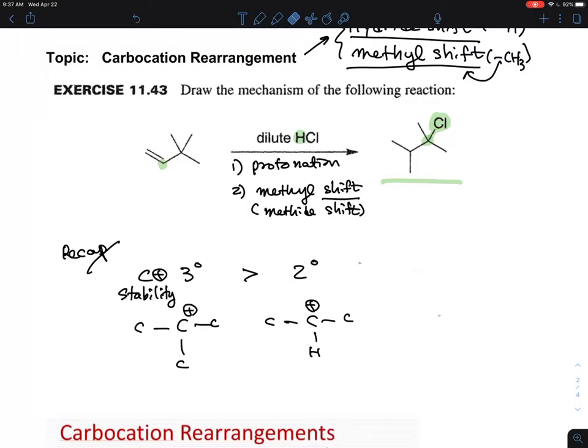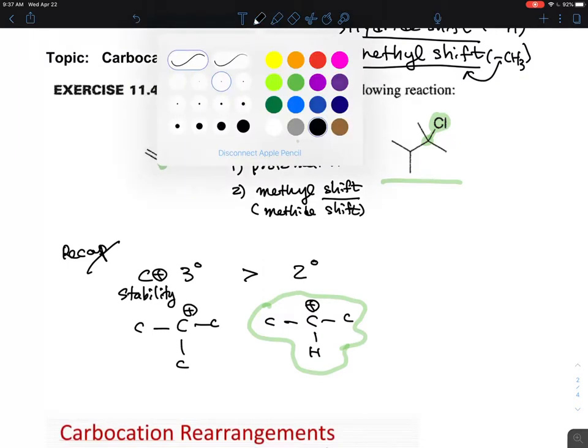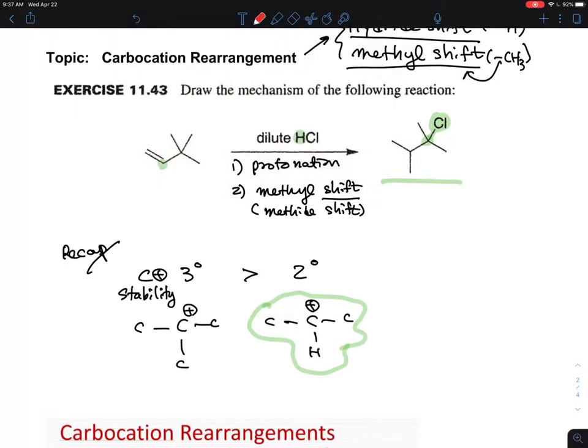So now let me focus on this problem. In some cases when you have a secondary carbon, and on top of that, this carbon has the ability to shift something. Okay, if this one is a CH3, this is very similar to our problem now.